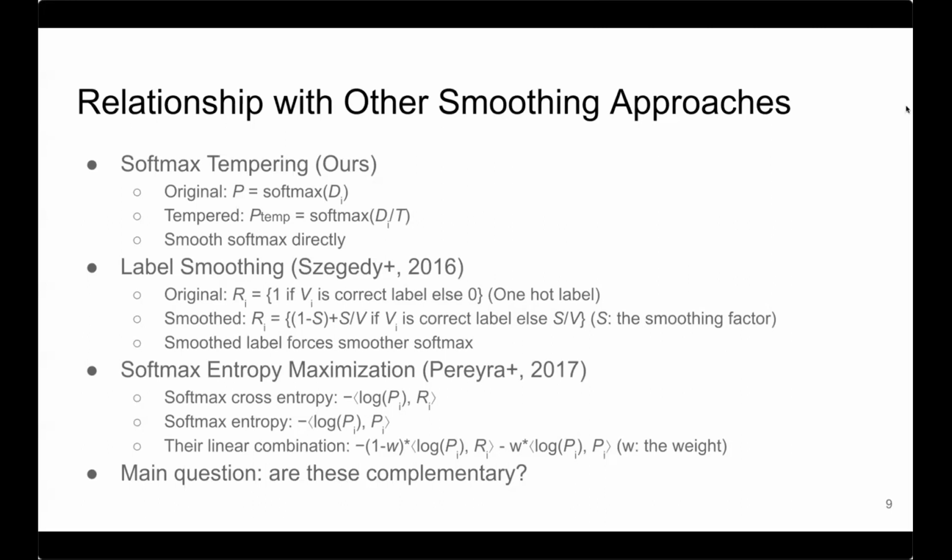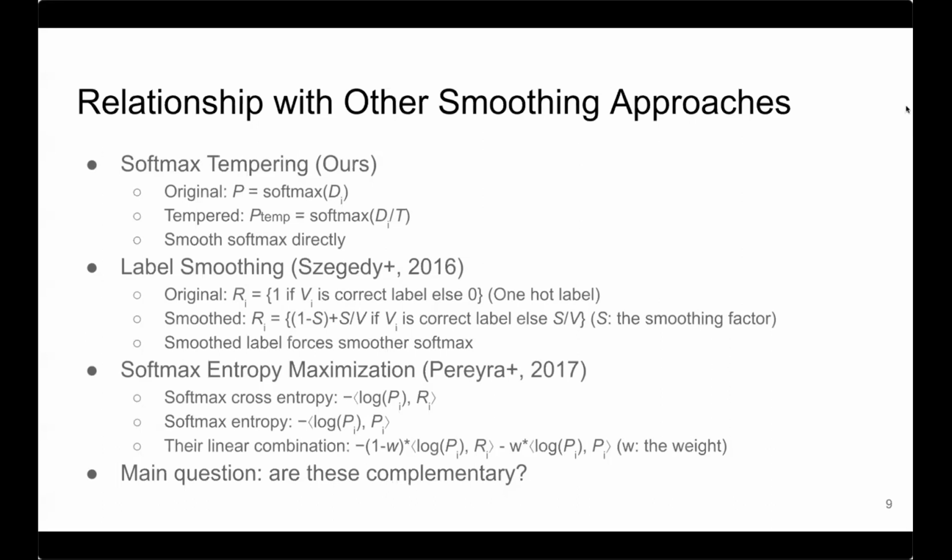The third approach is softmax entropy maximization, where we have a regular softmax cross entropy, indicated by the inner product of the log of the probability and the label. But we also have the softmax entropy itself, which is computed by the inner product of the log of the probability and the probability.